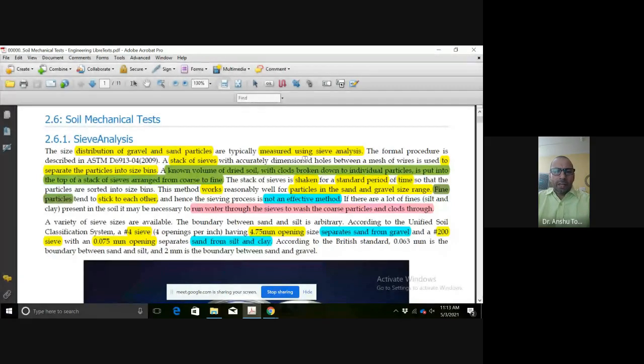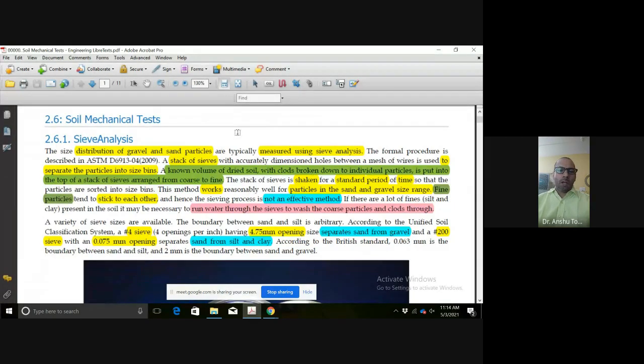All of them have been uploaded onto the Google Classroom in a folder, units 2 and 3, and within that there is a folder, soil testing. So there you can see this particular document is available.